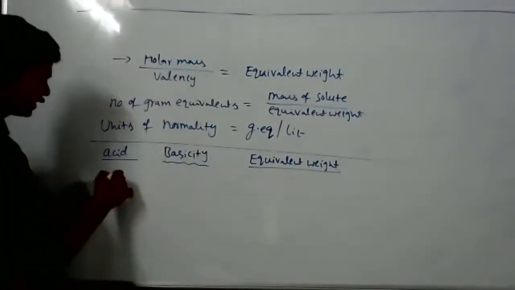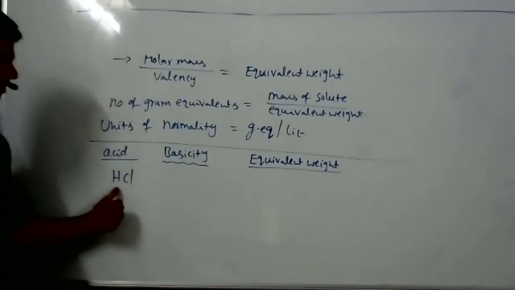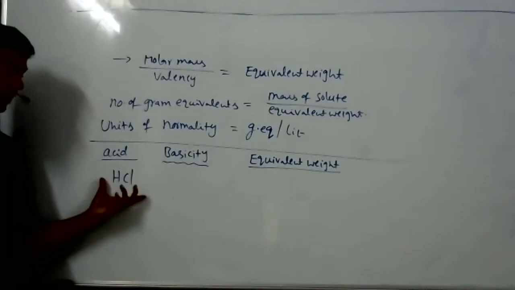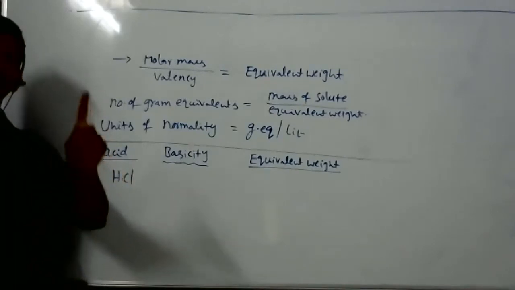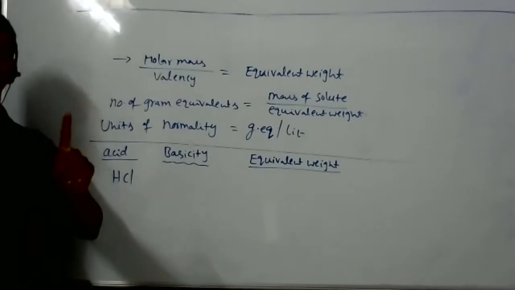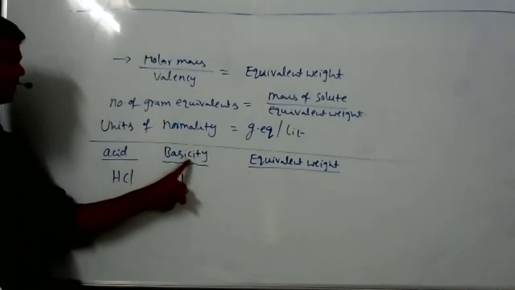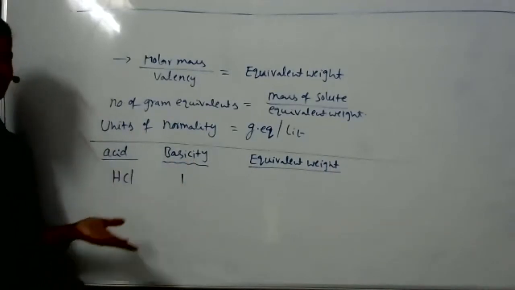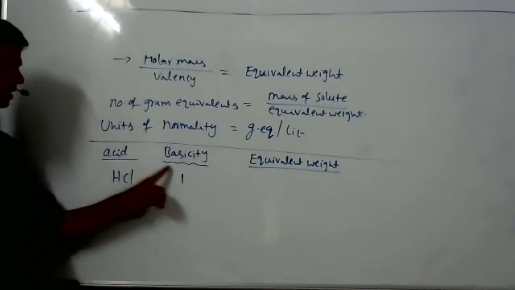Suppose the acid is HCl. It has only one hydrogen atom, meaning when you take it in aqueous solution, in water, one HCl molecule gives only one H plus ion. That's why its basicity becomes 1. Basicity is how many H plus ions one acid can give. So its basicity is 1.